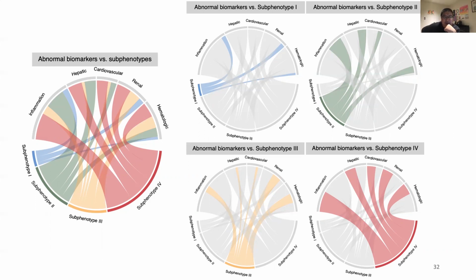And subphenotype 2 and 3 are the moderate ones, with their severity between subphenotype 1 and 4. We can see for subphenotype 2, they have a higher portion of lab abnormalities, especially on the inflammation-related markers. But for subphenotype 3, we don't really see that.